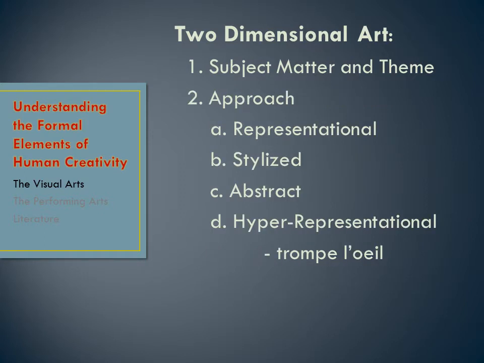When we're talking about the approach that an artist takes in producing a piece of two-dimensional art, we're talking about, does the artist intend for what he or she depicts to be instantly recognizable as a person, a place, or a thing? If so, that is called a representational approach.